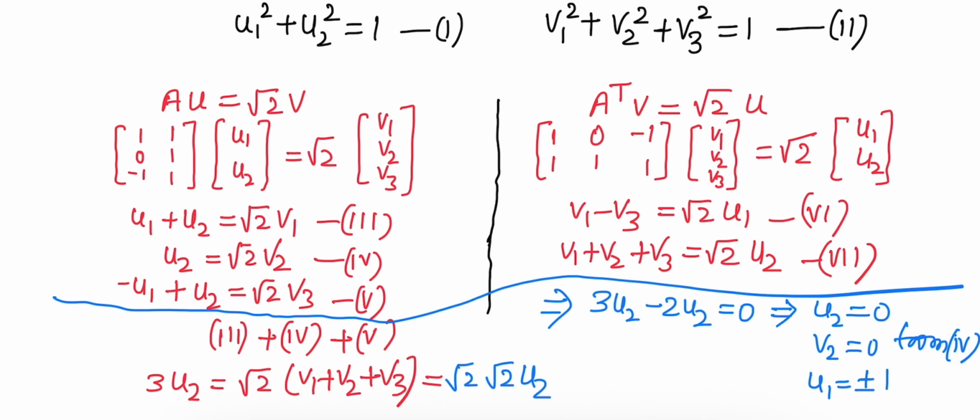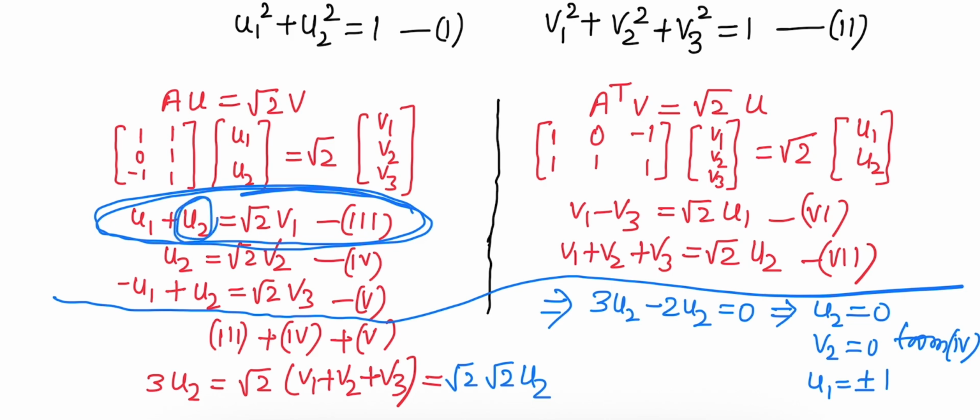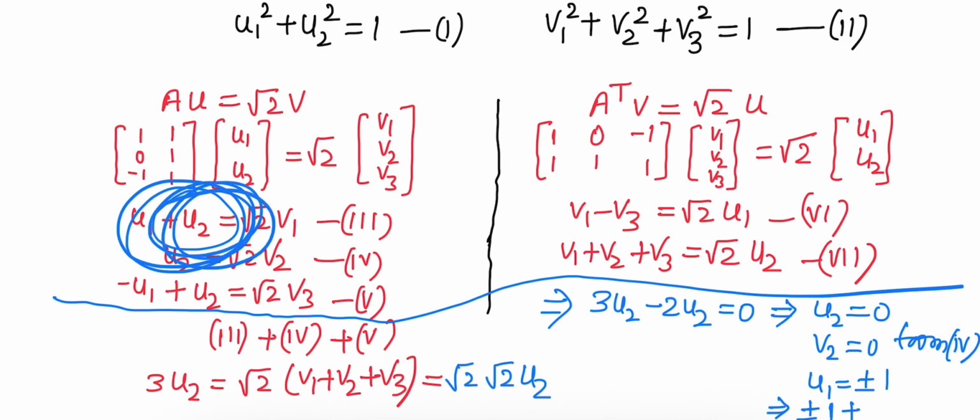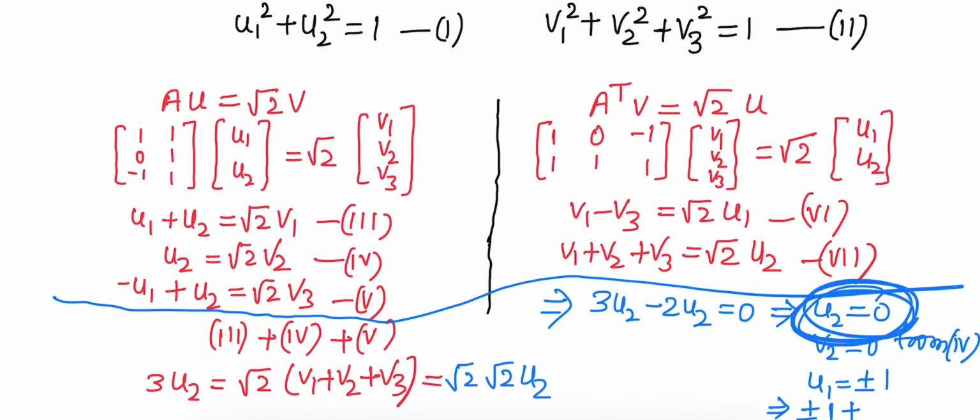And from this equation, see this equation in a blue enclosure, u2 is 0, so at the place of u1 I put plus minus 1, and thereafter you see here u2 is 0.